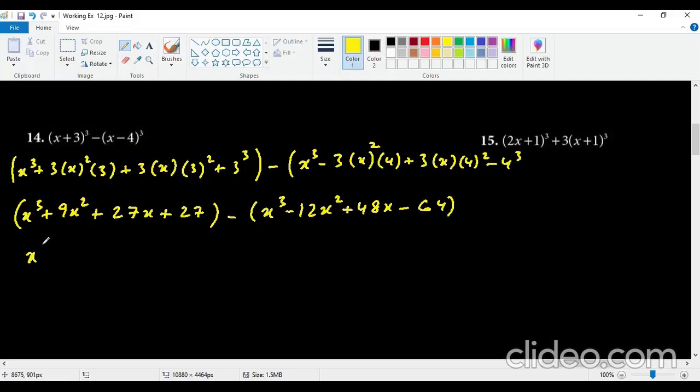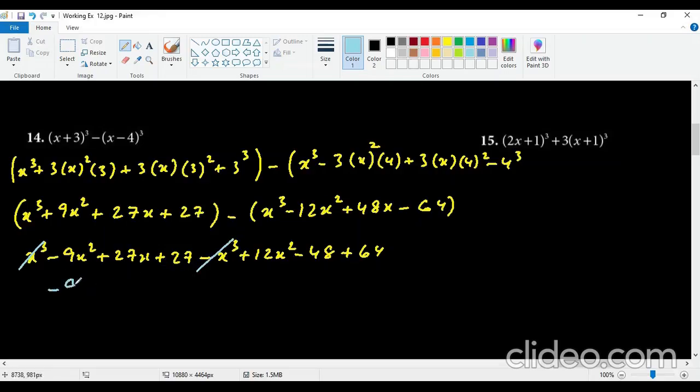Now we are going to use the negative sign: plus 9x² as it is, no change, 27x. And now this minus is going to change the sign of all the values: plus 12x², minus 48x, and minus minus is a plus 64. Now you know very well, like terms, we are going to be cancelling.